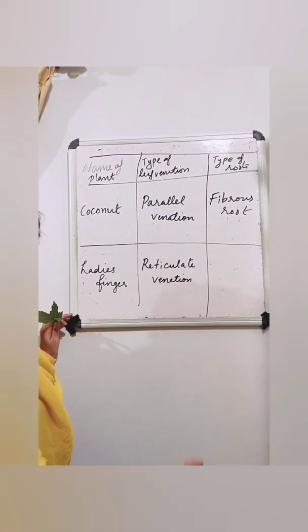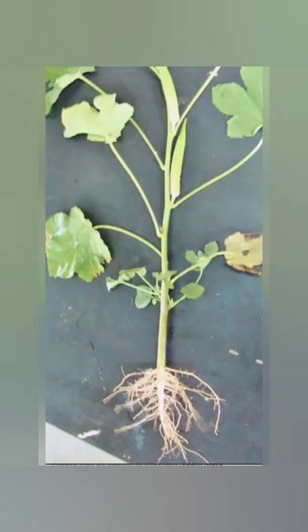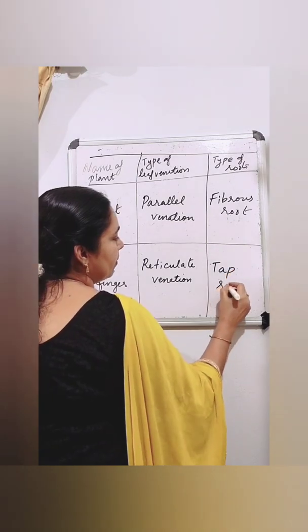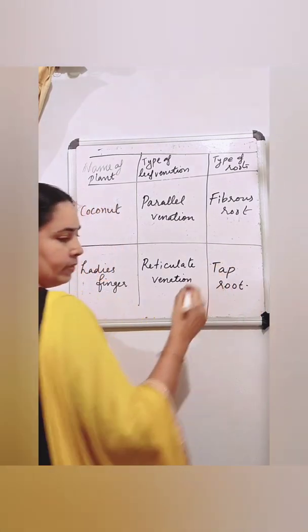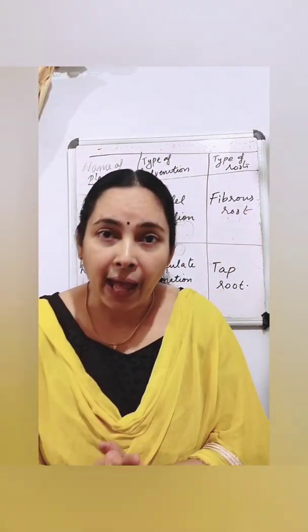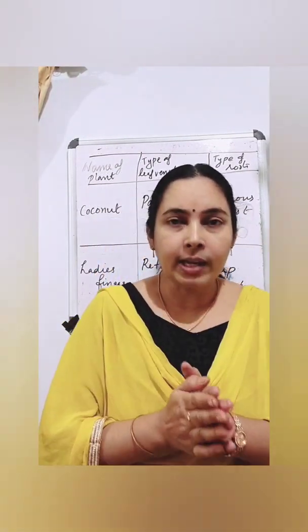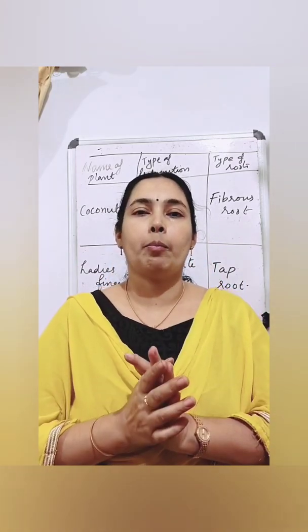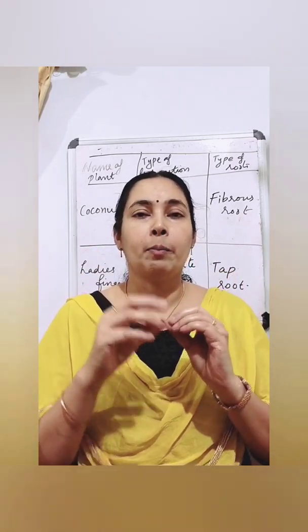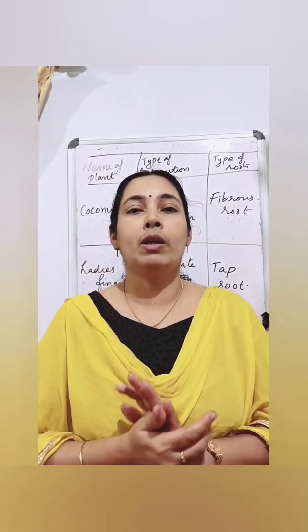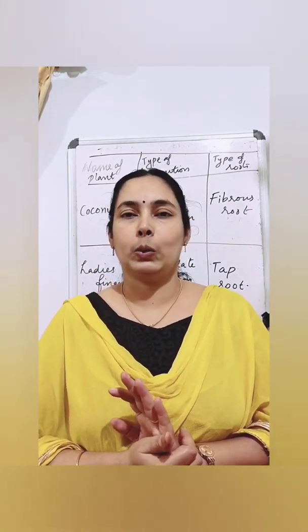So what is the type of root? Root is taproot. Okay. So we study that if a plant has reticulate venation, surely the root will be taproot. And if in a plant the leaves are showing parallel venation, surely the root will be a fibrous root.